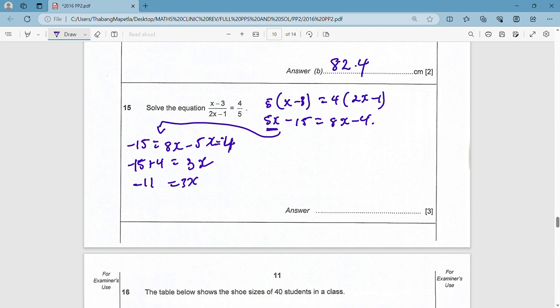So negative 15 plus 4, so it's going to be negative 11 with that. x is equal to negative 11 over 3, so it's negative 11 divided by 3.